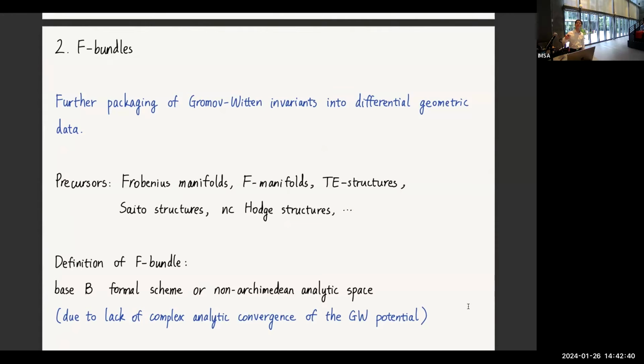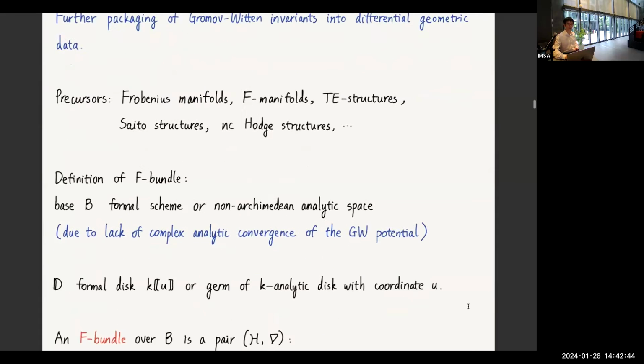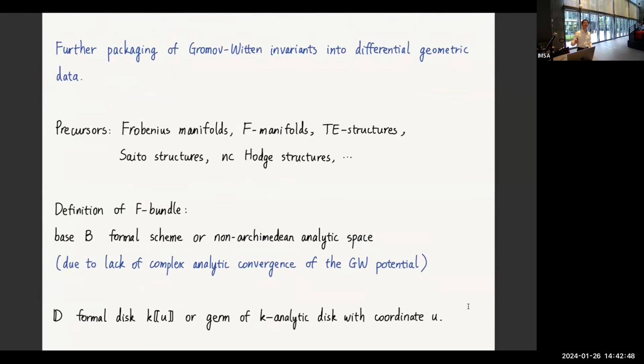So we have to use this non-Archimedean or formal setting. Here we let B be a formal disk, either K double bracket U or a germ of a K-analytic disk with coordinate U.